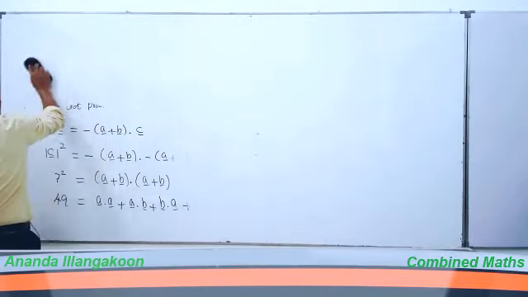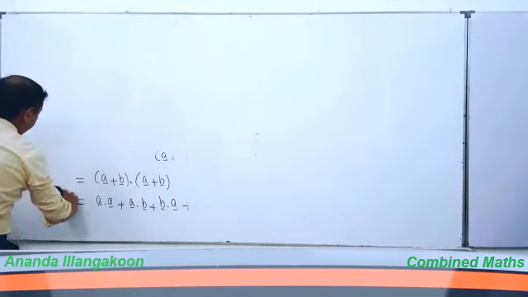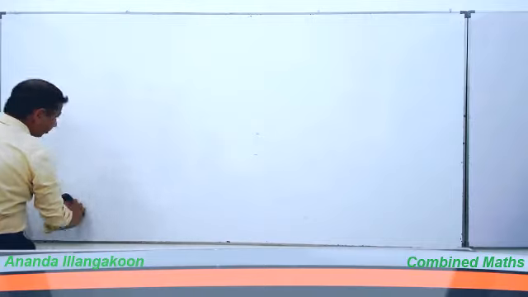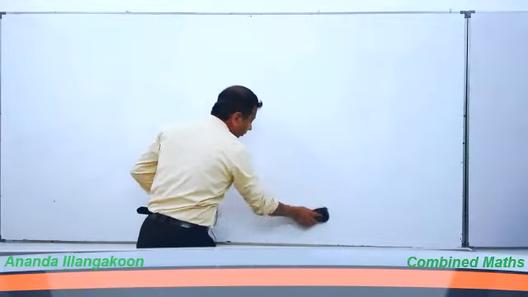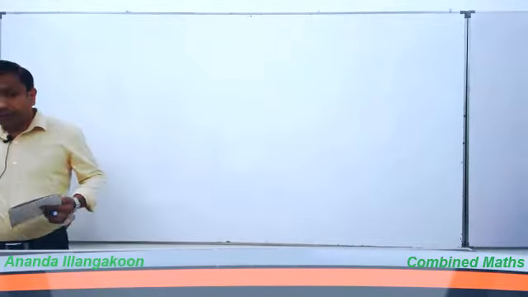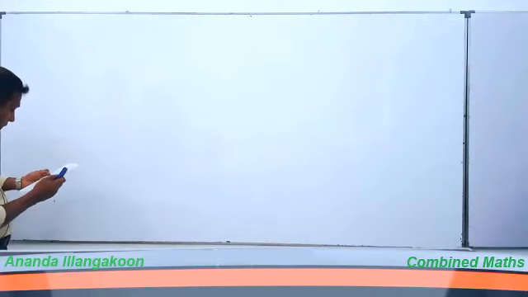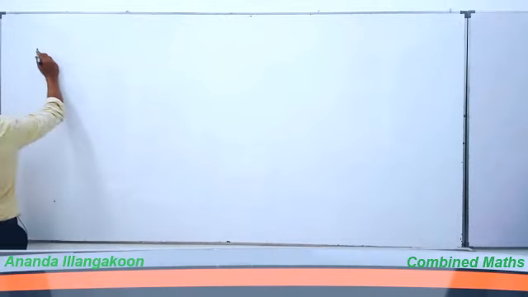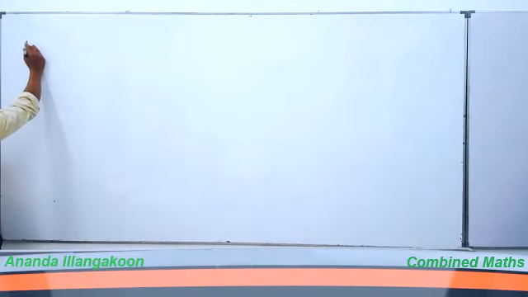A and B are two vectors perpendicular to each other.